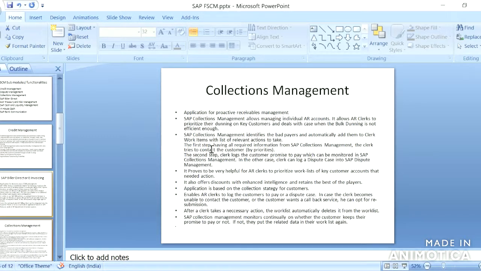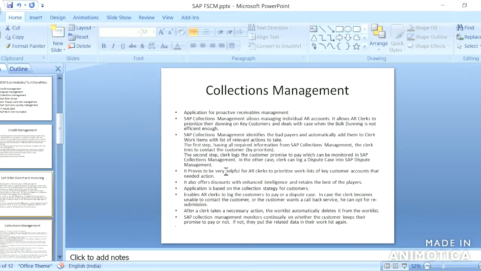The first step: having all required information from SAP Collections Management, the clerk tries to contact the customer.